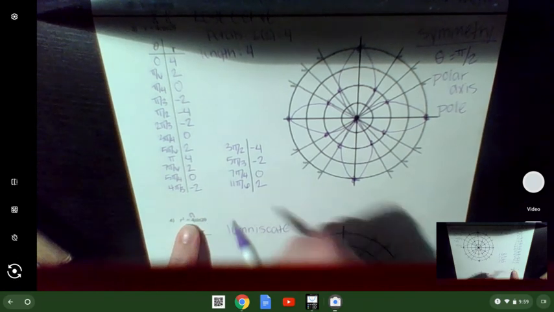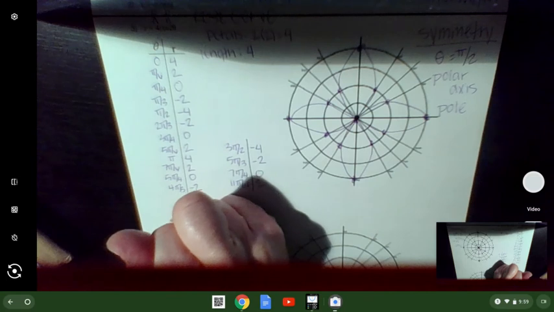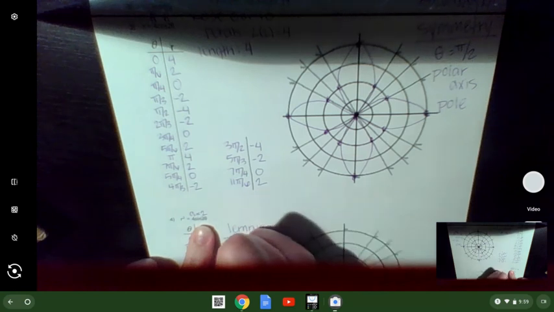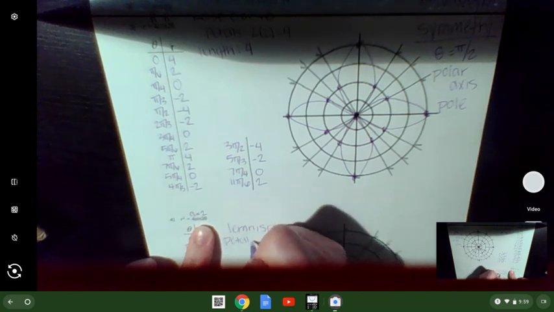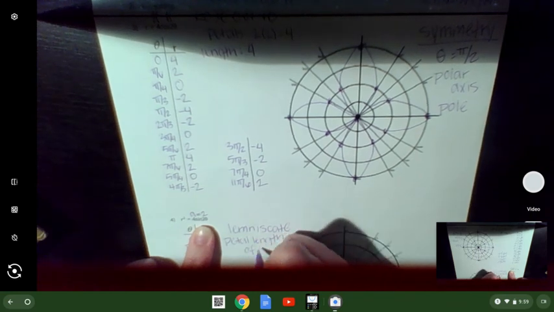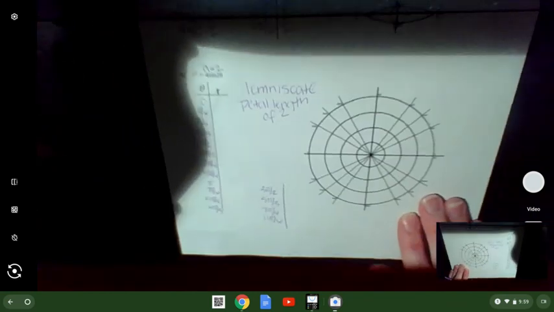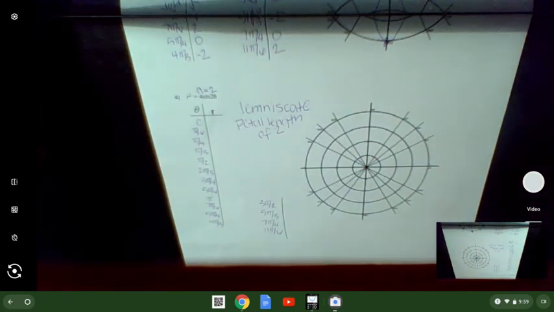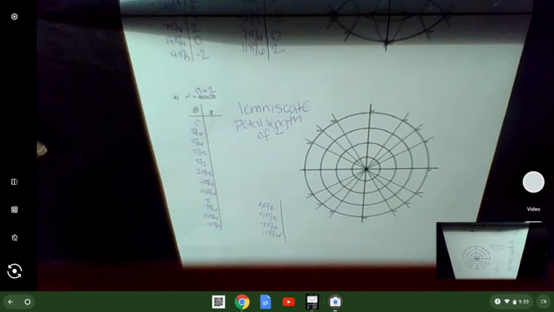Well, it's 4, which means A is actually 2 because A squared is 4. So that A means we have, if you can call it a petal again, a petal length of 2. So a lemniscate is like a 2-petaled rose curve, or an infinity symbol. We're going to have a length of 2.